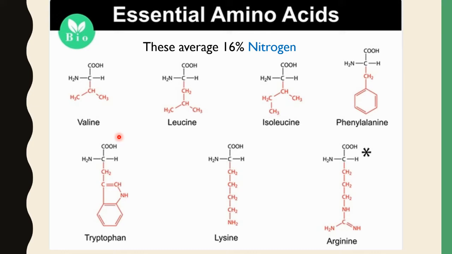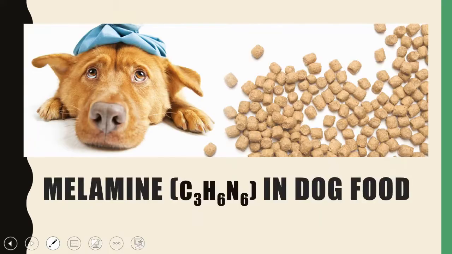And what they used to do in the old days was just take dog food and see if it had 16% nitrogen in it, because that was a cheap test to run. But one company figured out, well, if they use things without nitrogen, like sawdust and husks of grains that nobody uses, like wheat husks and corn husks and whatnot, they could throw in melamine, which has a lot of nitrogen.